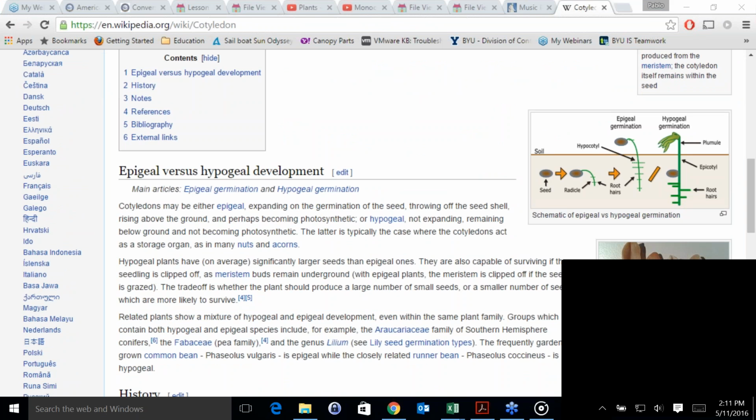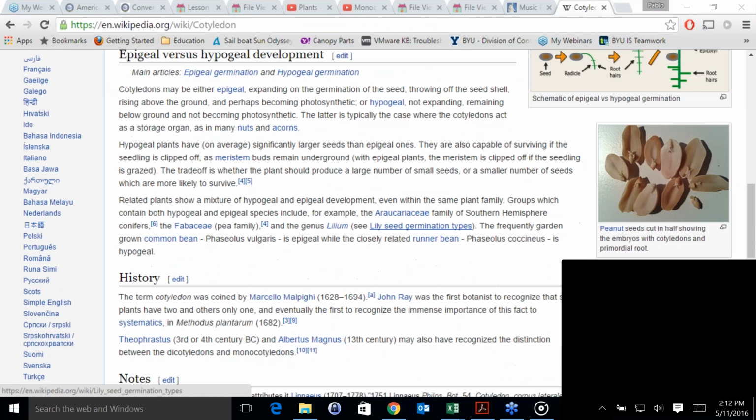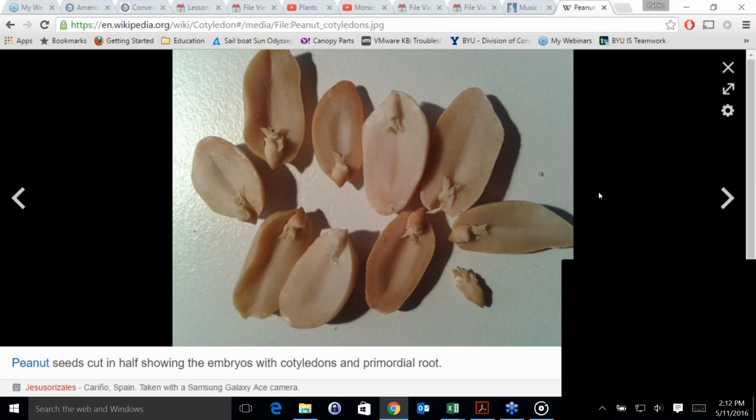One of the very important things to understand is how we benefit from the cotyledon. Here we see peanut seeds, and very clearly you can see the cotyledon, and then the embryo, and the primordial root, the part that will start germinating into the root, and then this will be the leaves.